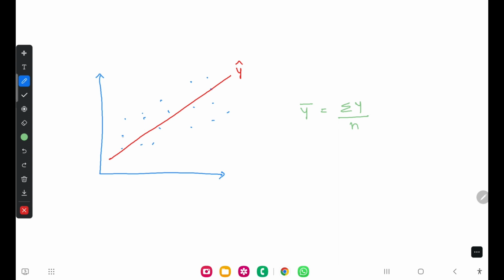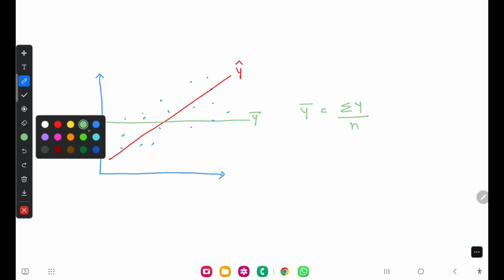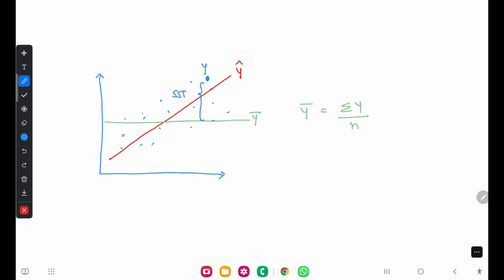So if we add all these blue color dots together and divide it by n, the number of observations, we will get a value. Let's say that is going to be like this. So if I take a point, let's say this one, the distance between this y, the actual value of y, and this green color y bar is what we refer to as SST.